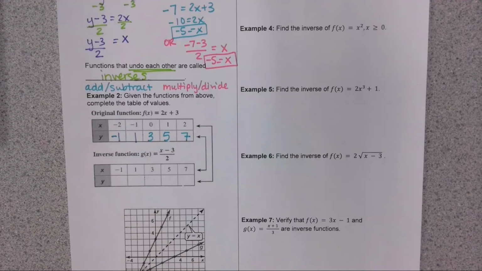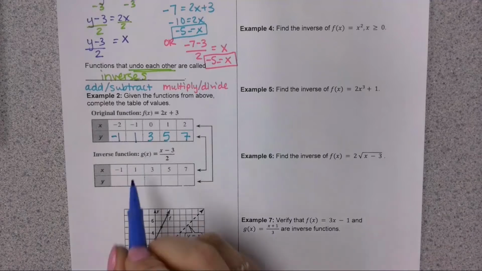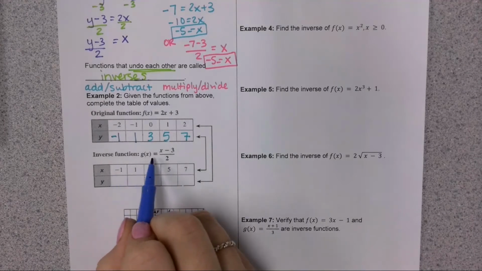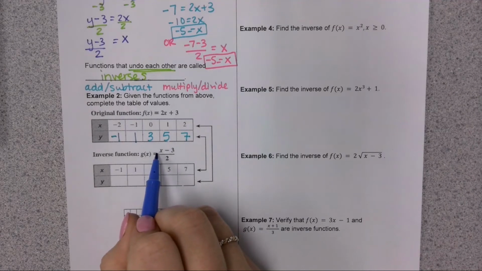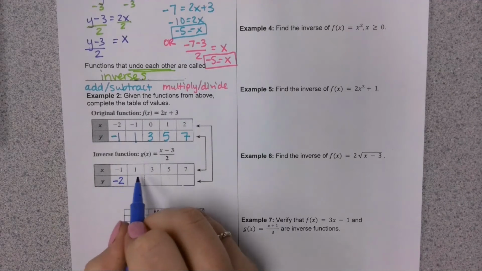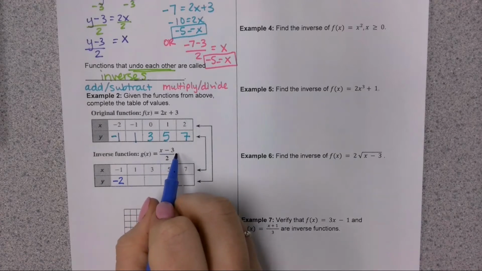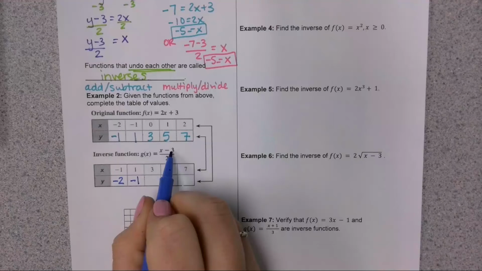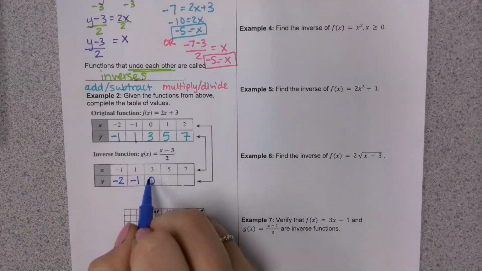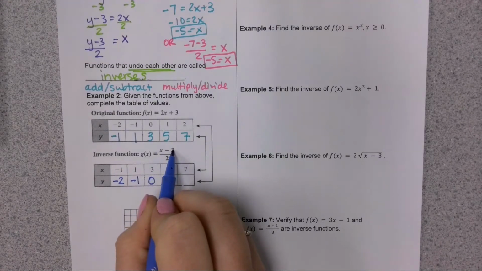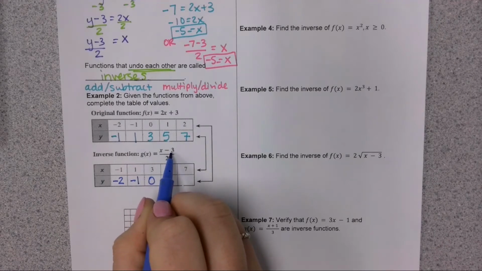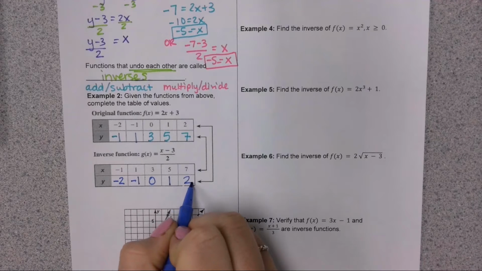Well, what if I plug in to my inverse equation these numbers? What is negative 1 minus 3? Negative 4, divide by 2, that's negative 2. 1 minus 3 is negative 2, divide by 2, negative 1. 3 minus 3 is 0, 0 divided by 2 is 0. 5 minus 3 is 2, 2 divided by 2 is 1. 7 minus 3 is 4, 4 divided by 2 is 2.